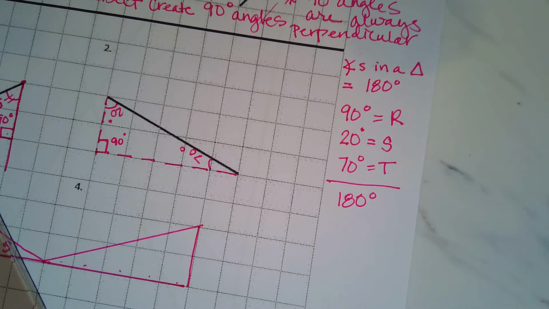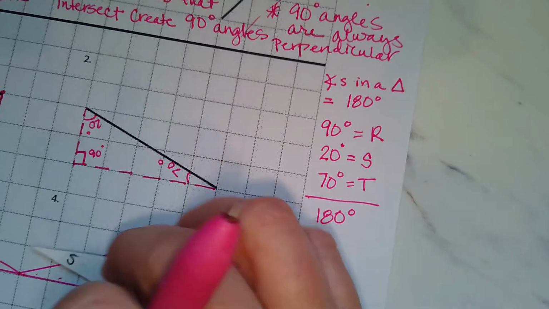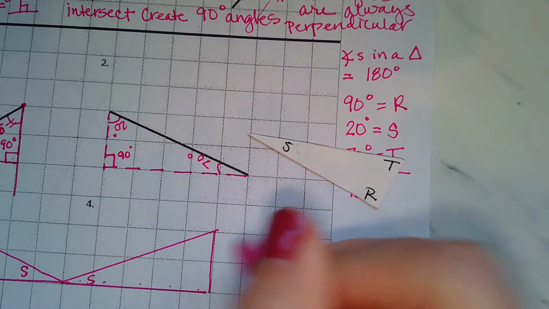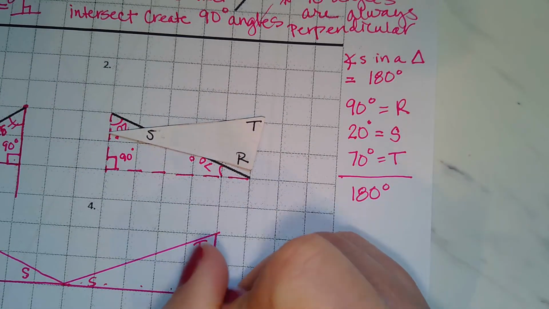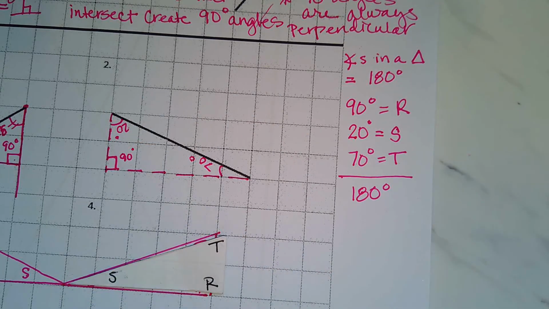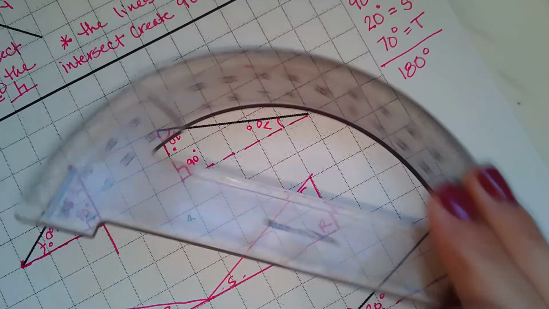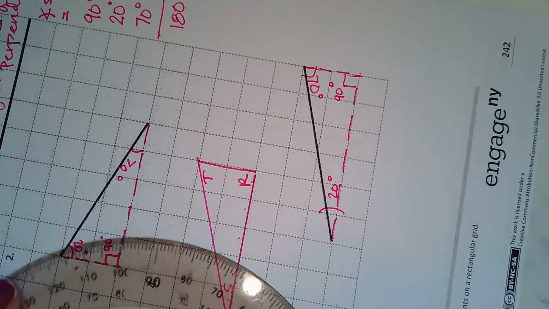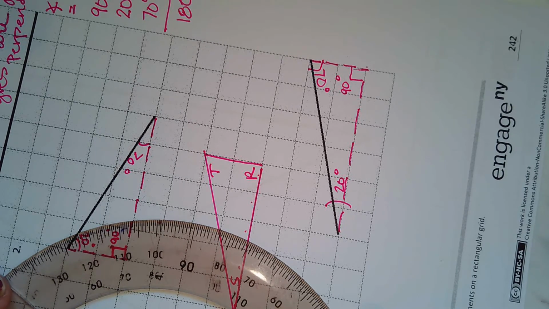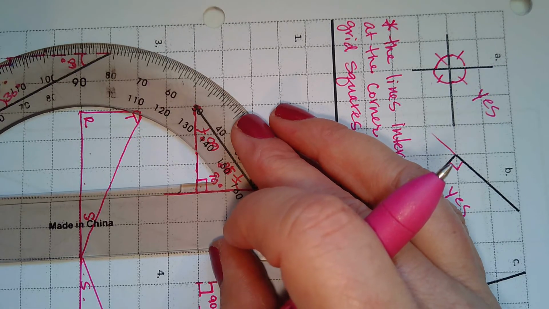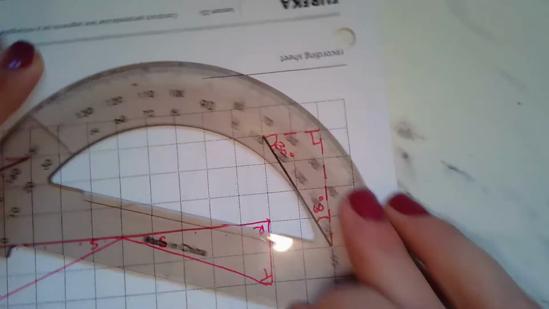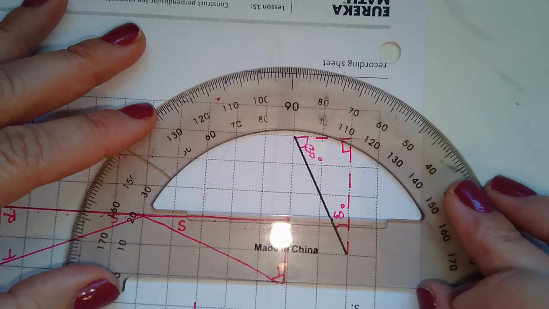Now, what did we say was the measurement for angle S? What was the measurement for angle S? Should we measure it? Okay, measure S. That was a 70 degrees and a what? Wait, I need to put it this way. 20.